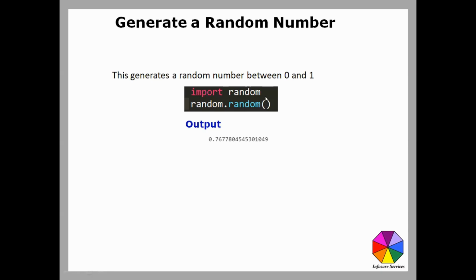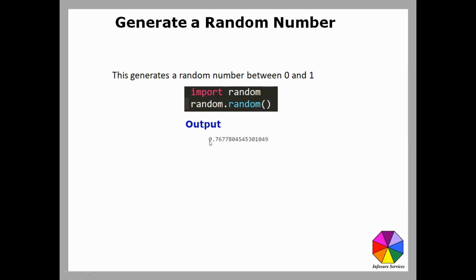The parentheses here are telling you that this is a function. Whenever it doesn't have them, it's a variable of that module. So for a module having the function random, we are calling it.